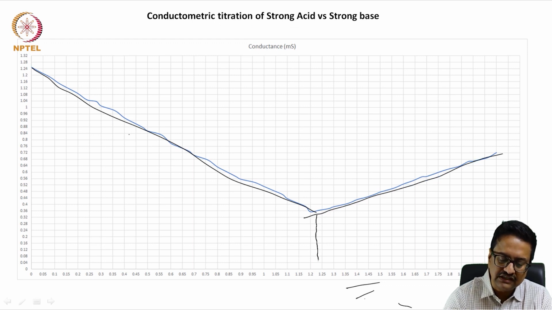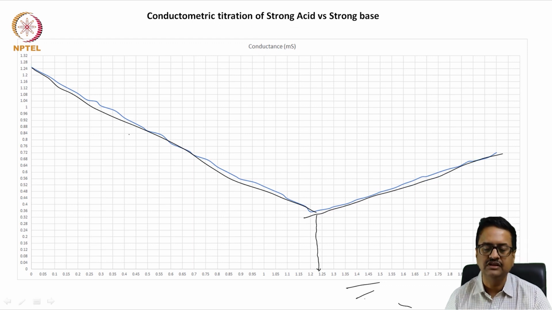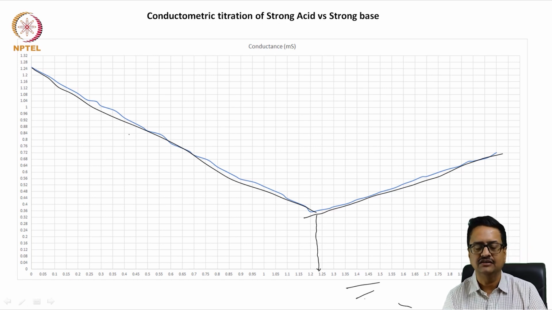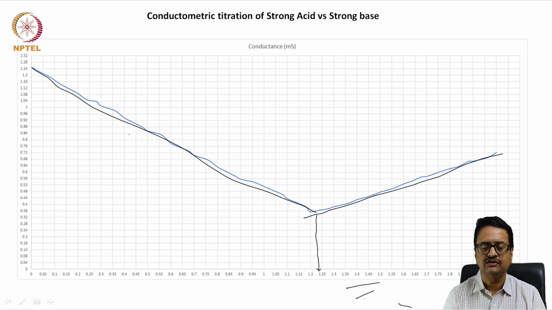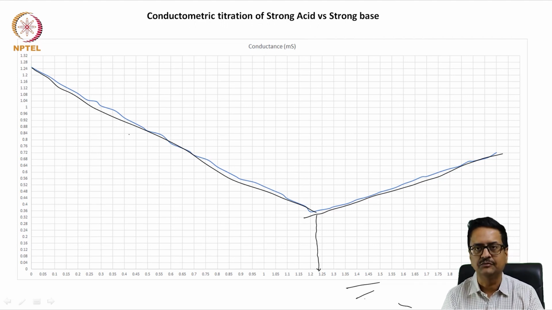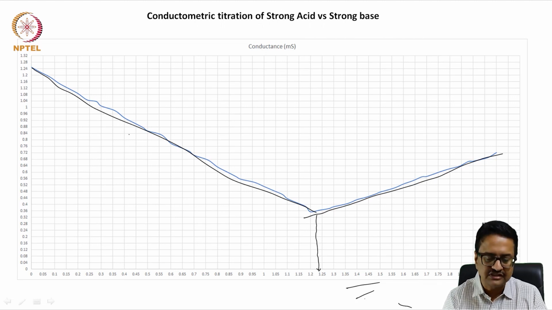Wherever those two straight lines meet, that will be your equivalence point. So like this, one can get the equivalence point using graph paper and drawing an approximately correct straight line on the graph paper. Both the methods are acceptable. So using this method, you can easily get the endpoint.